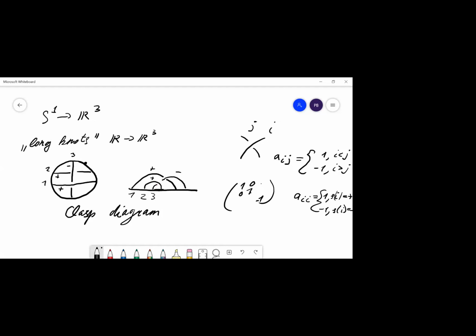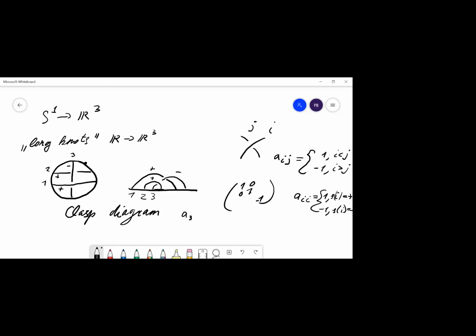And so we do not have the information which chord is over, which chord is under. Am I right? No, we do have information who is over, who is under.